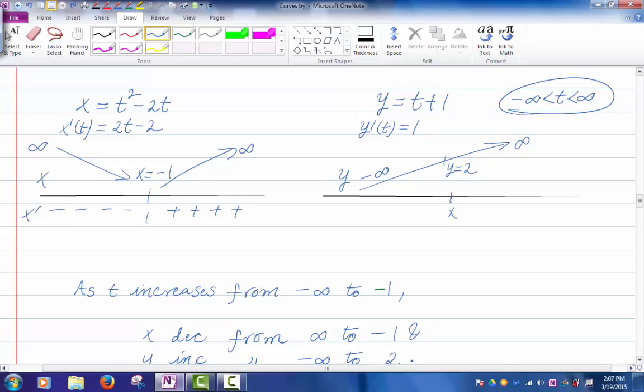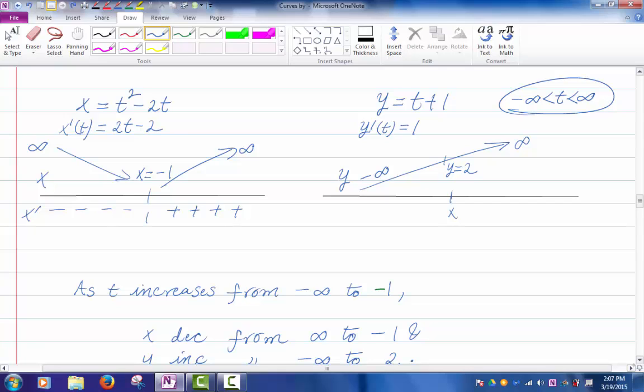Now let's think about how I can come up with the orientation. You have the component functions for the curve, x and y. Just determine the behavior of x and y in terms of how they are increasing and decreasing. We learned that in Calc 1, right?